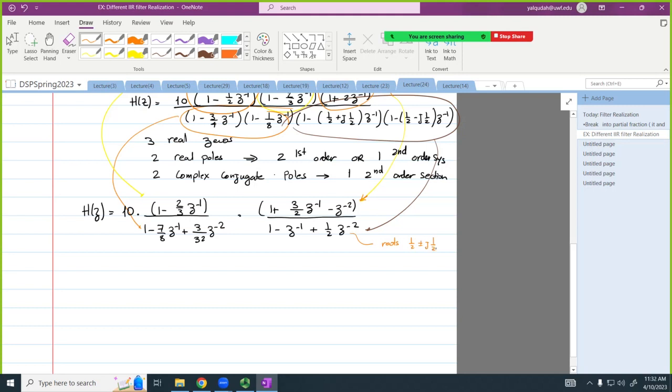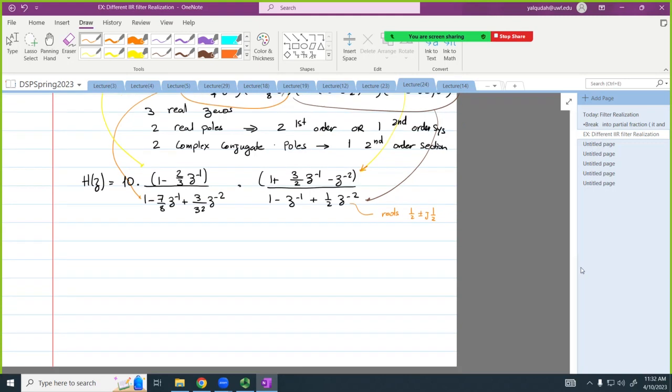One half plus minus 1/2. It's coming directly from here. So therefore, we can have the cascade form.